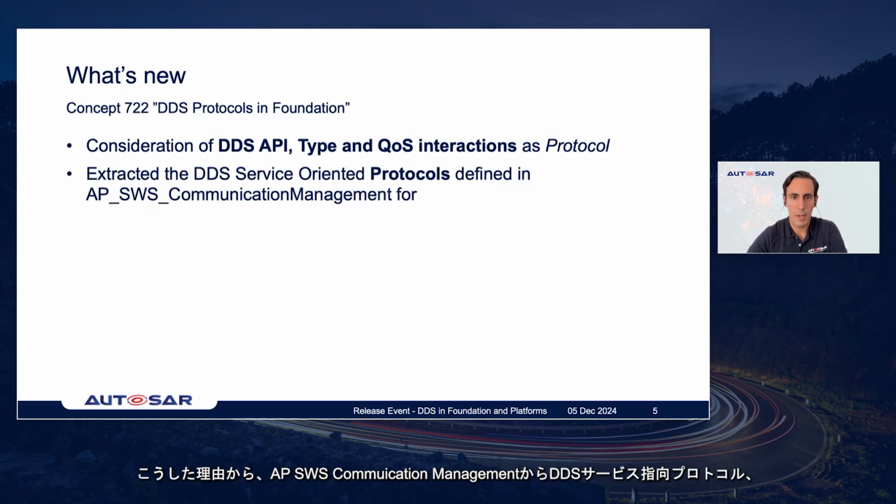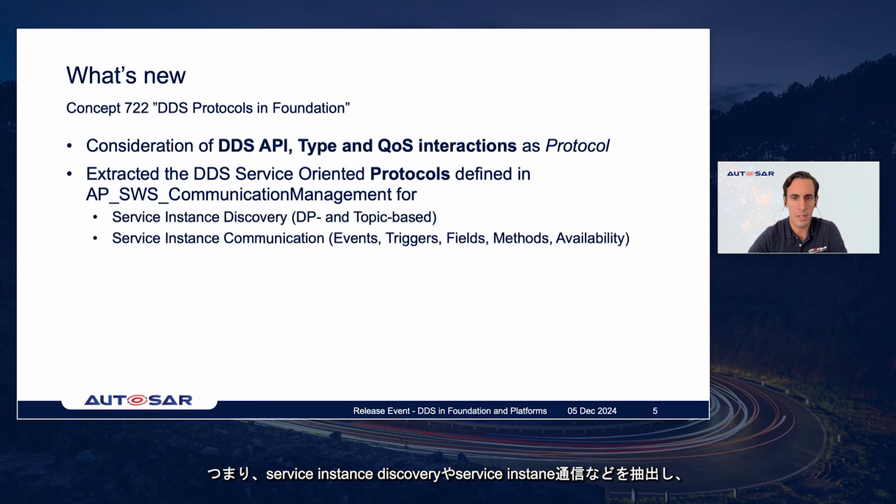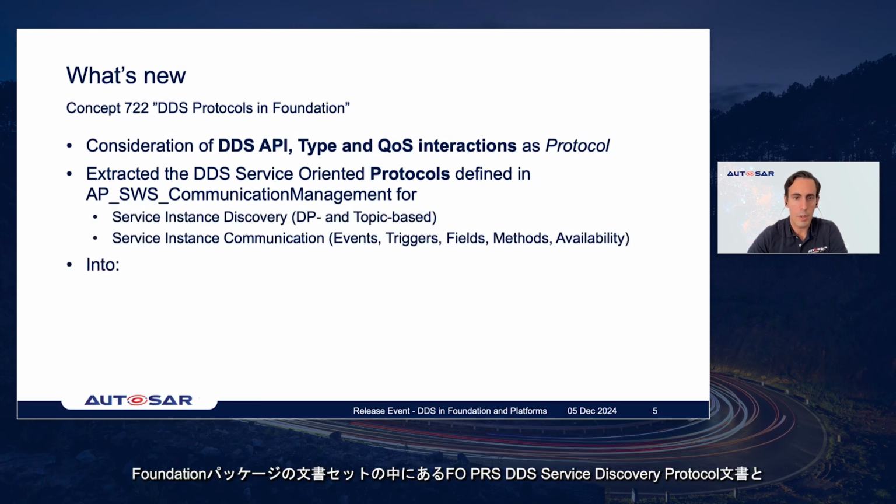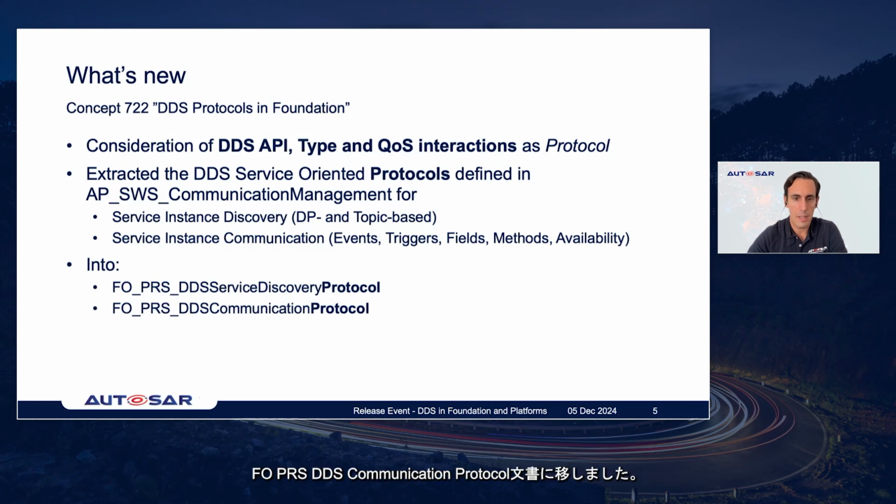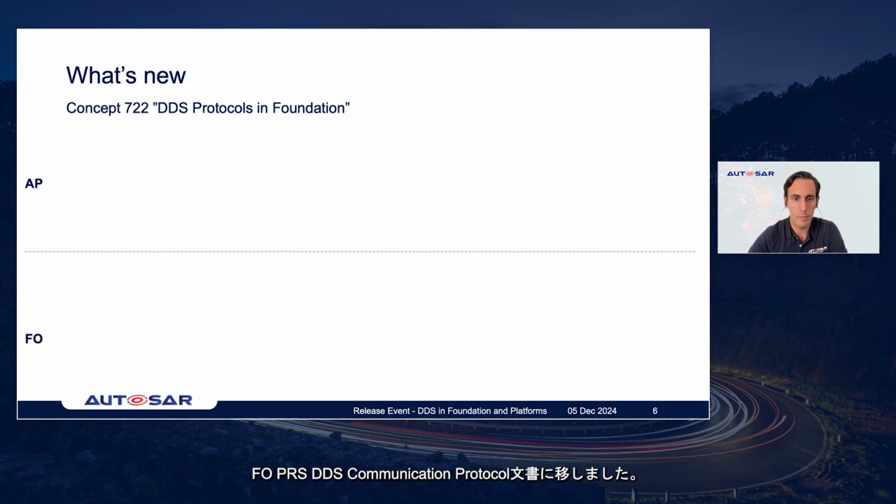And because of this, we have extracted the DDS service-oriented protocols defined in AP SWS communication management for things like service instance discovery and service instance communication into a set of documents at the foundation package, namely FO PRS DDS Service Discovery Protocol and FO PRS DDS Communication Protocol.